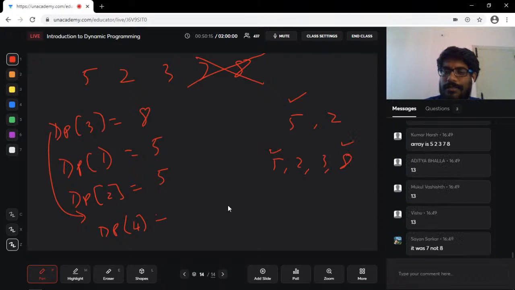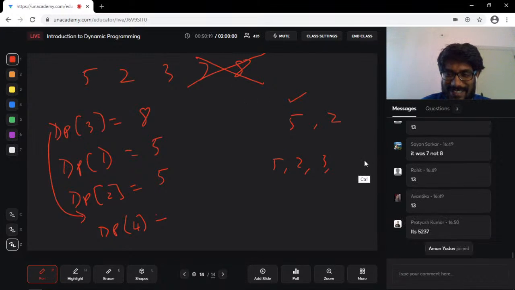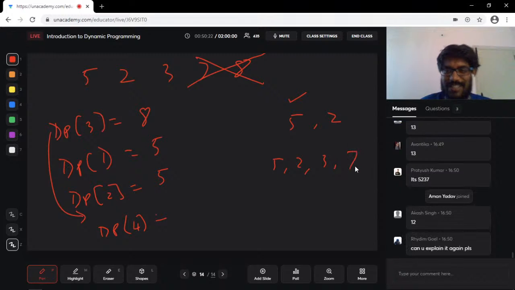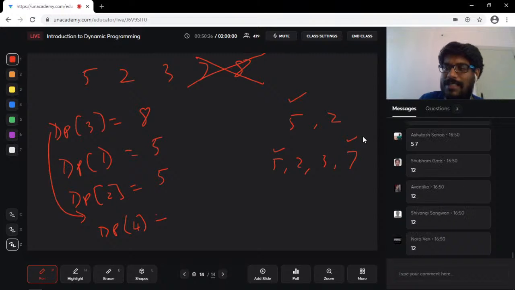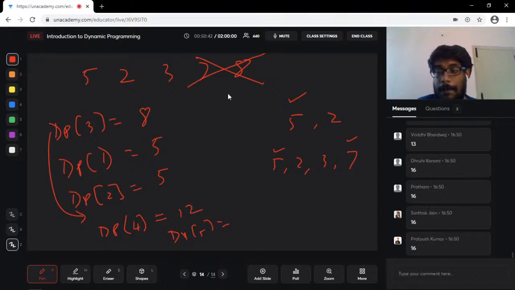Oh, sorry. It's 7. My bad. Thanks for pointing out. Yeah, I was being stupid. The next element is 7. So in this case, the maximum is 5 plus 7, which is 12. Okay. And then eventually DP of 5 is probably 16. Yeah, I'll pick 5, 3, and 8, and I'll get DP of 5 is 16.